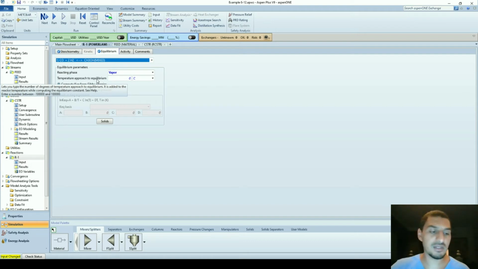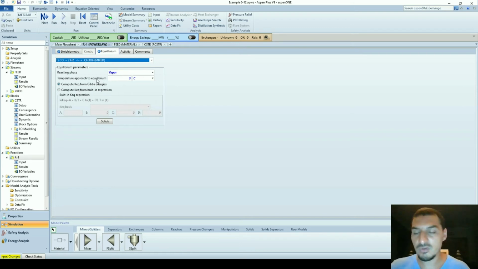So let's say I'm performing the reaction at 500 Kelvin, and I know that in an actual process I can never reach the equilibrium conversion. So there is an equilibrium conversion at 500 Kelvin, but I can tell the software that the equilibrium will be reached at another temperature, so that I have a difference between the equilibrium conversion and the actual conversion that I will reach at the reaction temperature. So I can put any number here. I'm gonna keep it as it is now.